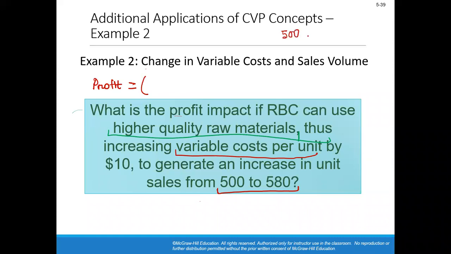What is our contribution margin now? 500 per unit price minus 310 variable expense. This is our contribution margin per unit. And if we divide this by the per unit selling price 500, we see that it has changed.